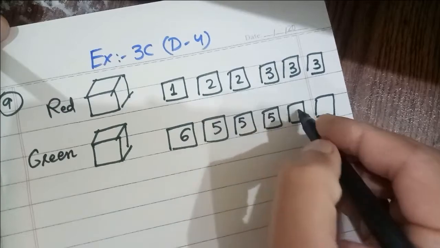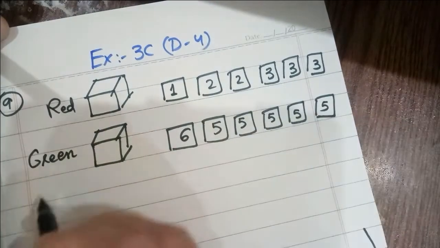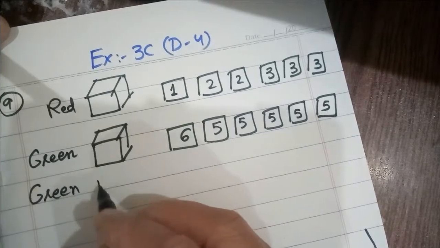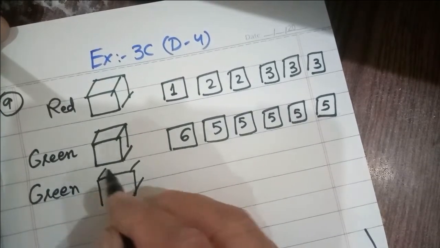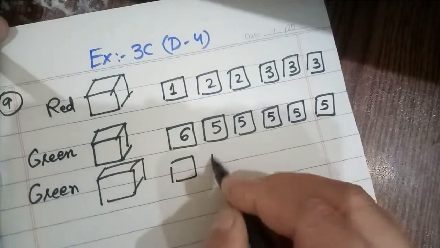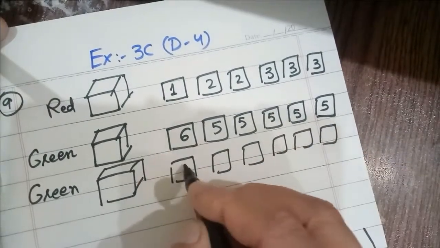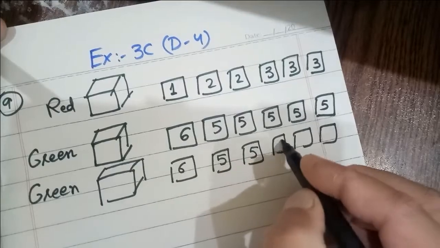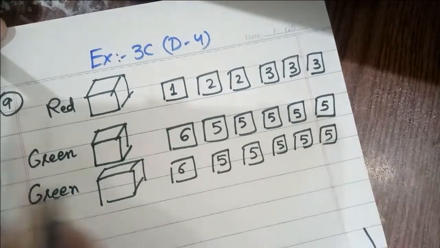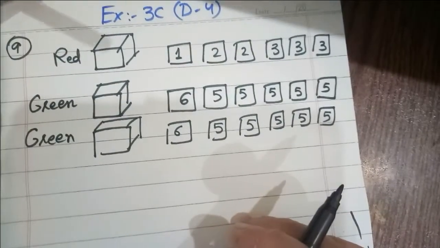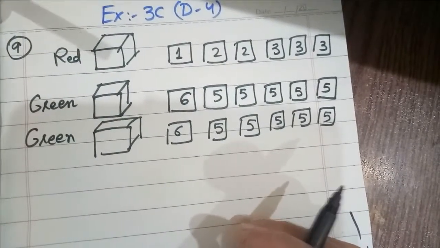Similarly for the other green die: 1, 2, 3, 4, 5 and 6. So this is the sample space of the green die. The 3 dice are rolled together.